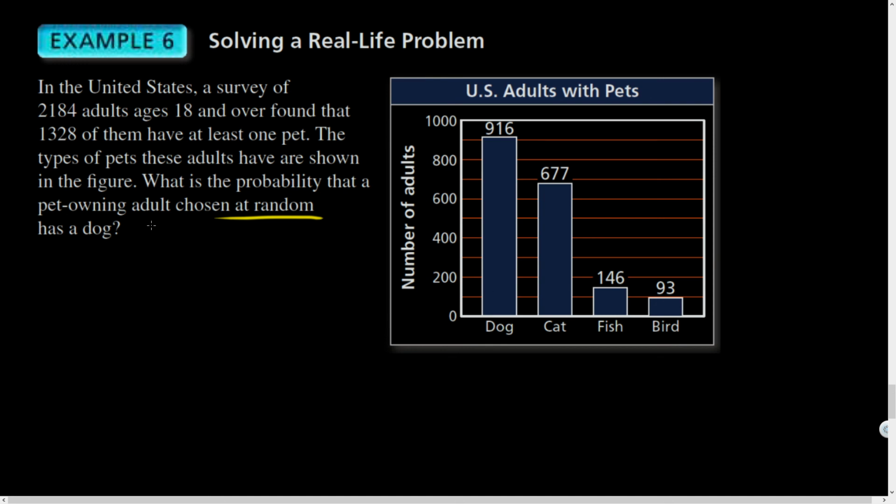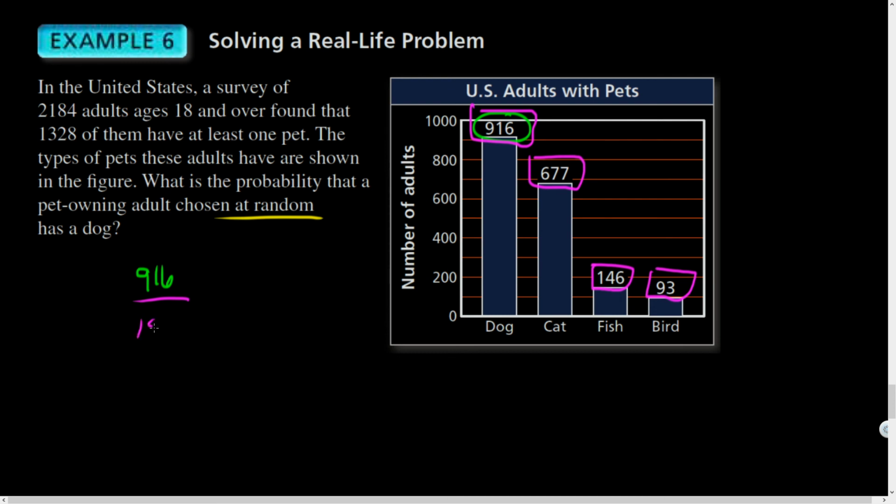So let's see, what is the probability that they have a dog? So success in this case is 916. And I've got to divide by the total. And that's not 1,000, by the way. The total will be the sum of all of these. All right, get ready for some dramatic calculator button pressing. 916 plus 677 plus 146 plus 93.